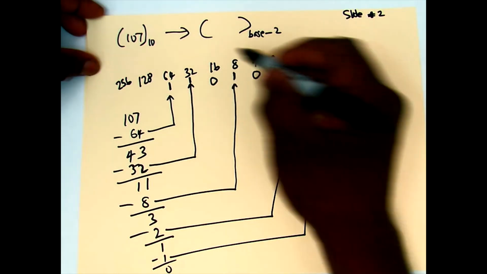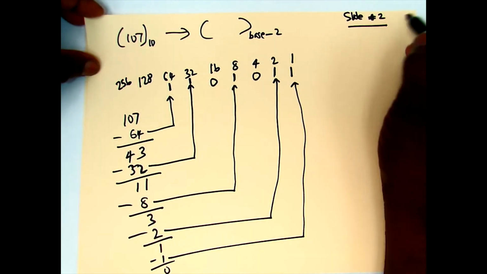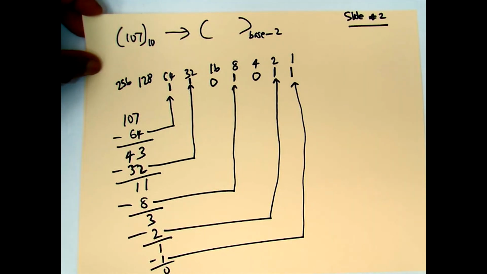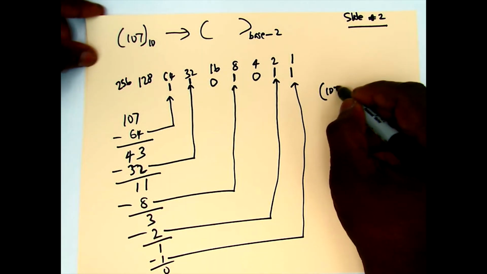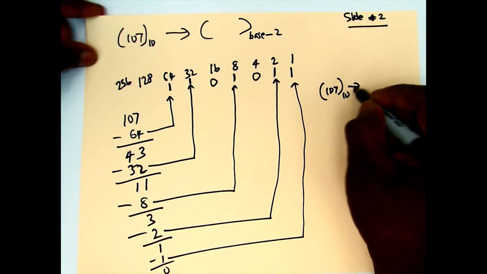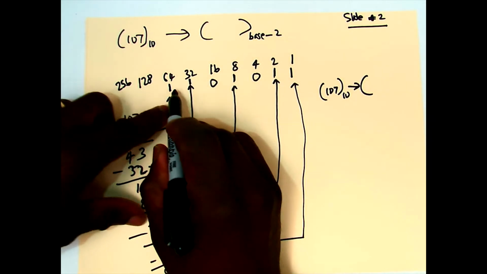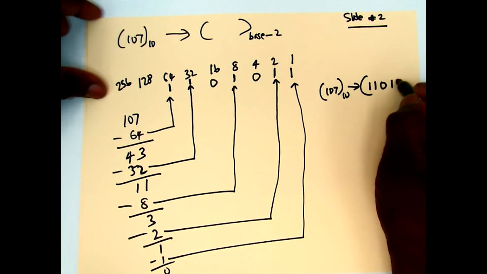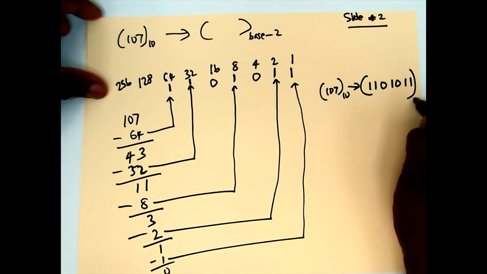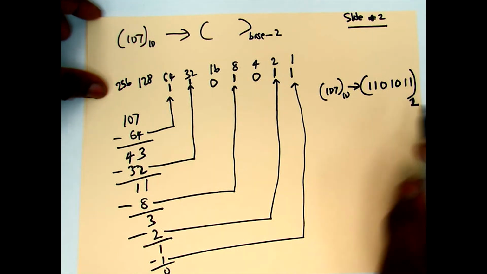So this big number now, I'll go to slide 3 so you can see. Let me write on the side here. This 107 base 10 becomes, you read them, 1101011 base 2.